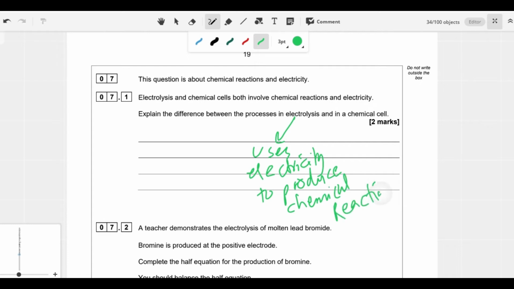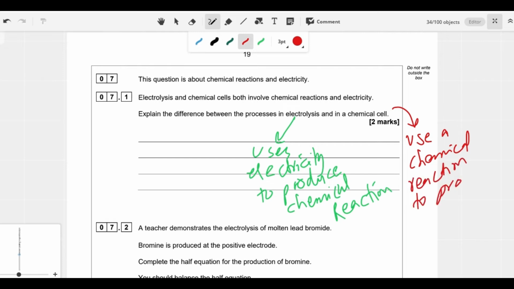Okay. While the chemical cell uses a chemical reaction to produce electricity. Remember that both are actually opposite. In electrolysis there is a use of electricity to produce a chemical reaction, and in the chemical cell there is a use of a chemical reaction to produce electricity.